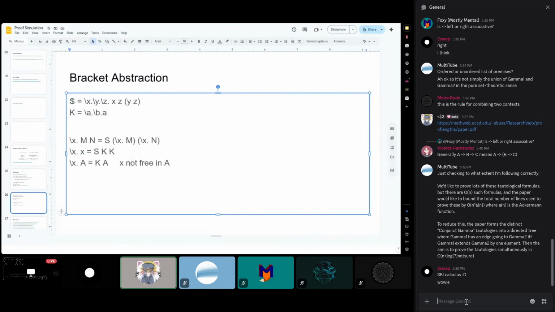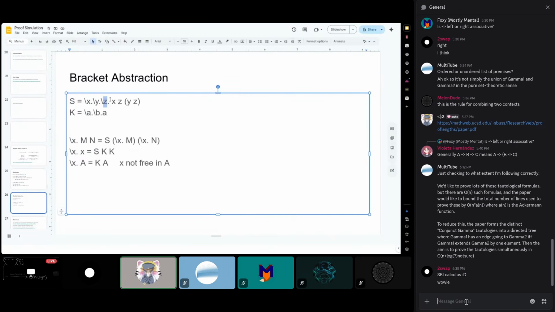So what do you mean by this feed through exactly? Yeah, so what this S combinator does here, you can think of it as taking two functions x and y, and then this third z here, you can think of that as the context where you have all of your variables, right?